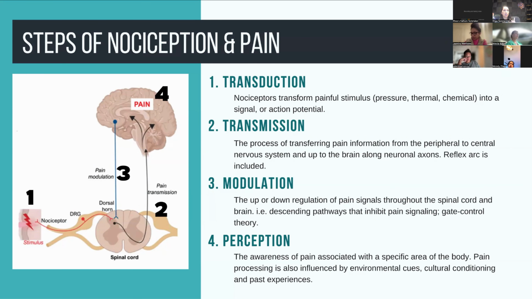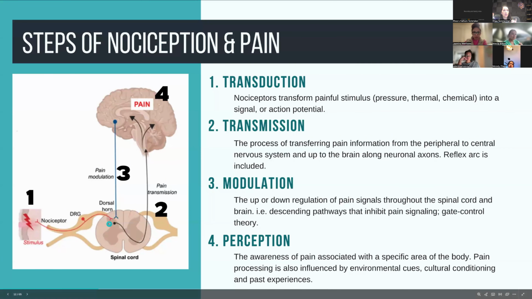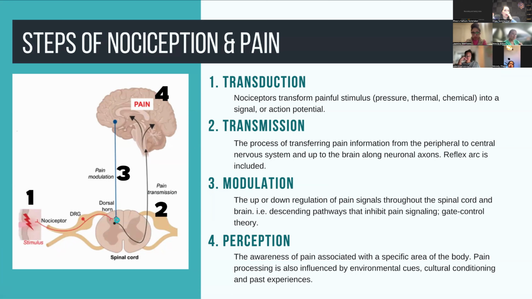So that's transduction, taking a stimuli, whether that is mechanical pressure, a thermal sensation like hot or cold, some kind of chemical stimuli like an acid burn, and turns that into an action potential. Stage two is transmission. So that's when that action potential moves from the periphery and goes to the central nervous system.